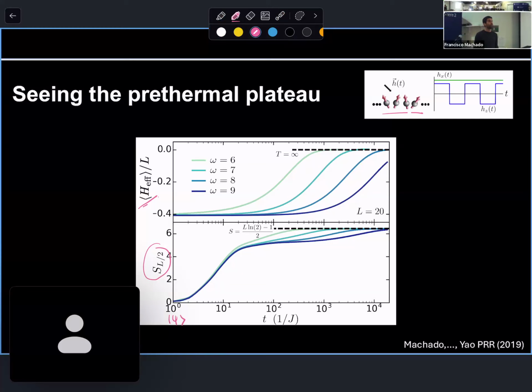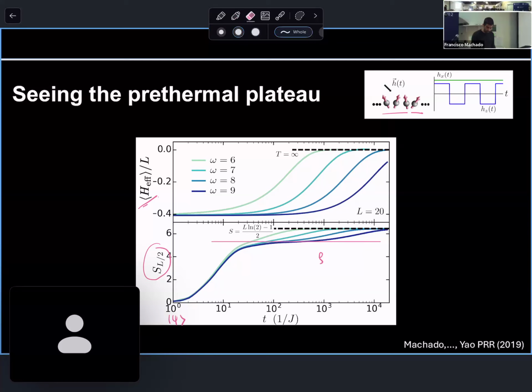But eventually it's going to stop, and it stops at a plateau that's not exactly around here. It's about here, right? The system approaches a plateau. And that plateau corresponds to the entanglement entropy with respect to the thermal density matrix of this effective Hamiltonian. You can actually compute that independently, and you see that there's agreement between them.